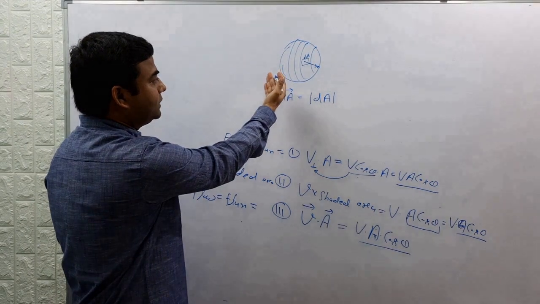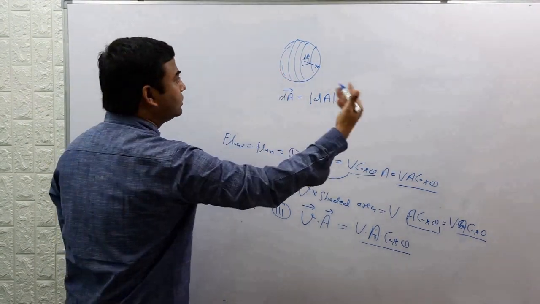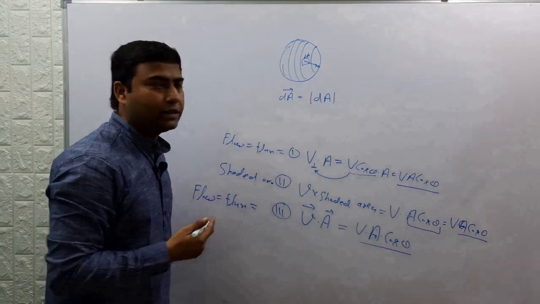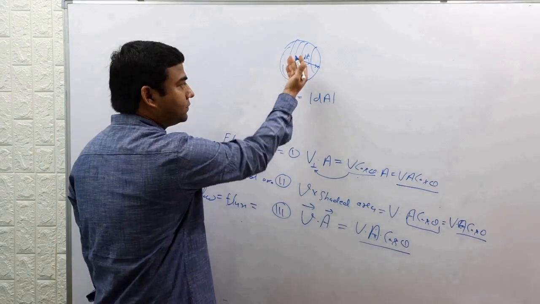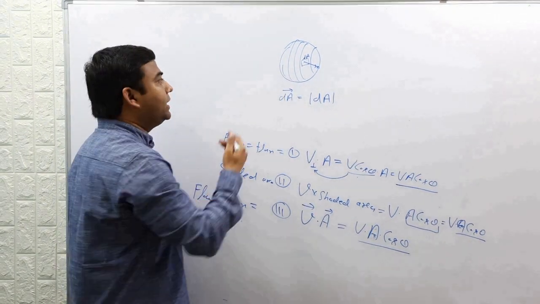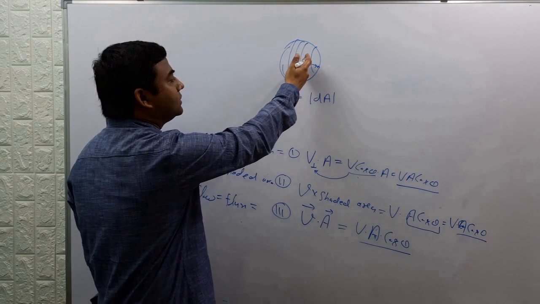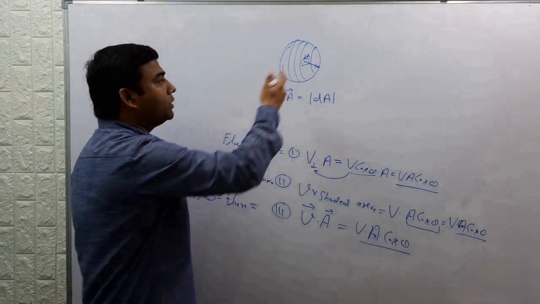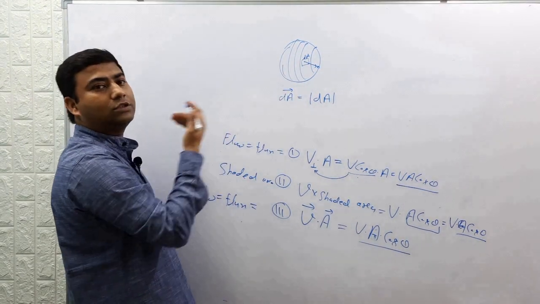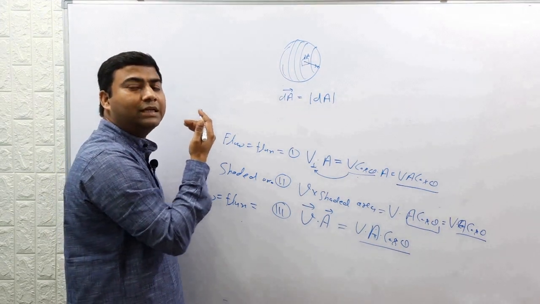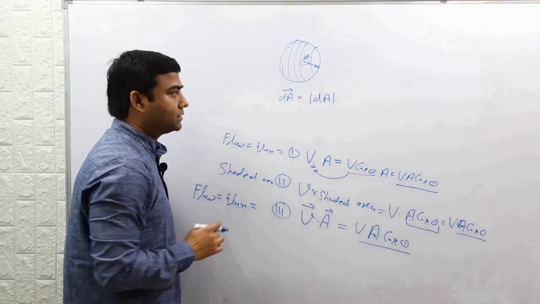When you are seeing this surface from outside, you cannot go inside the sphere. Just see the surface from outside, and the normal to this area coming towards you will be the direction of this area vector.